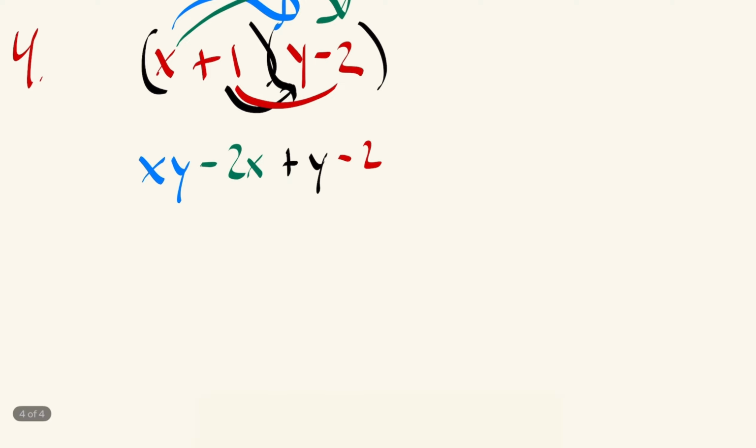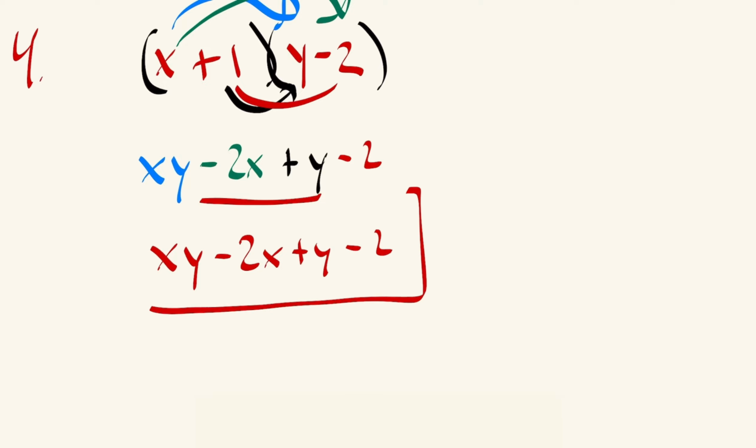Here, we should collect the like terms, and there's none actually. So that would be the right answer, as those two are like. So yeah, you should get this. And that's probably the most difficult one you will get in a GCSE exam.